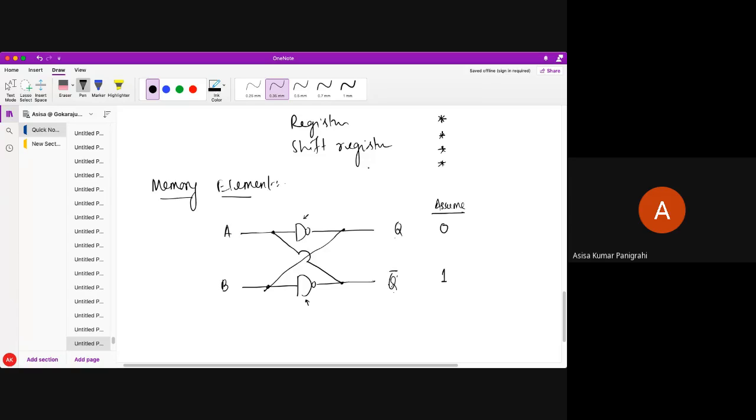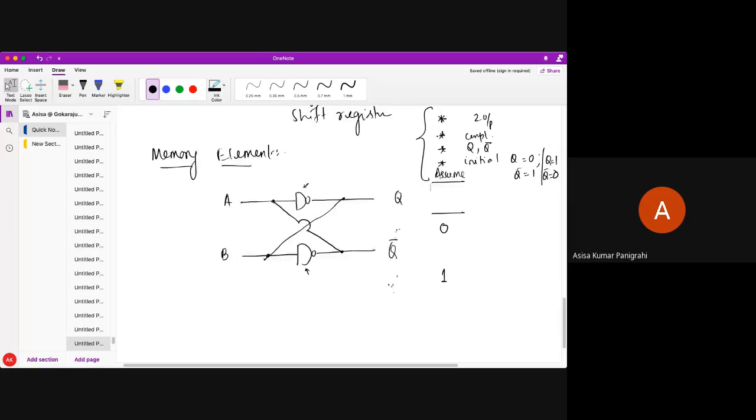First, a memory element contains two outputs. These two outputs are complements of each other, generally represented with Q and Q bar. Next, we have an initial assumption, Q equal to 0, let's say Q bar equal to 1. Your wish, you can also do Q equal to 1, Q bar equal to 0. So these are the initial assumptions while going for any analysis of the memory element.